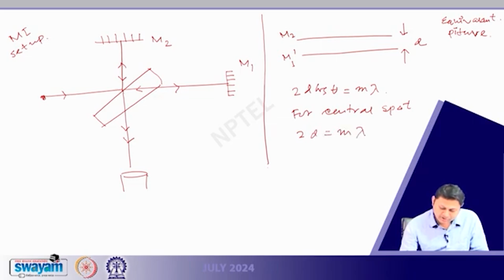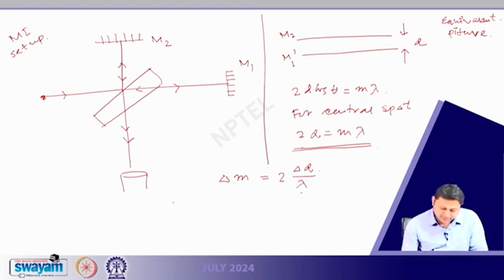Now, I am changing the D. So, if I change the D, m has to change simultaneously to satisfy this equation. So, simply we have delta m equals 2 delta D divided by lambda.